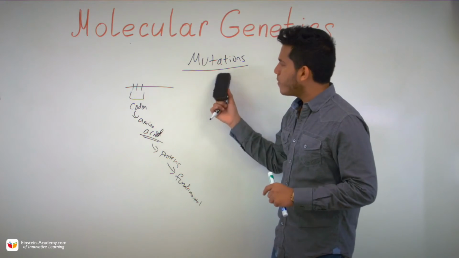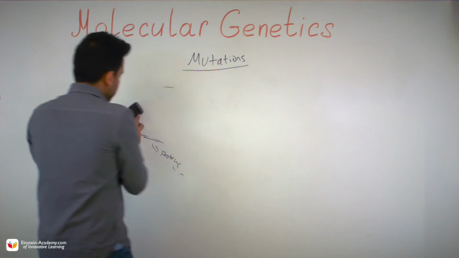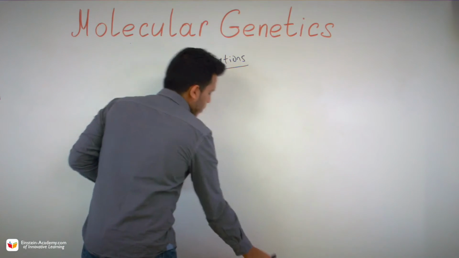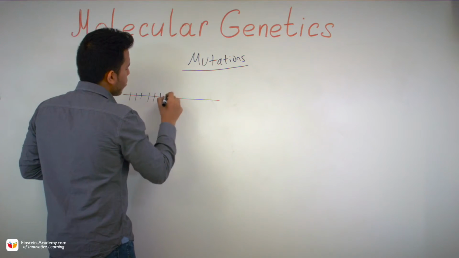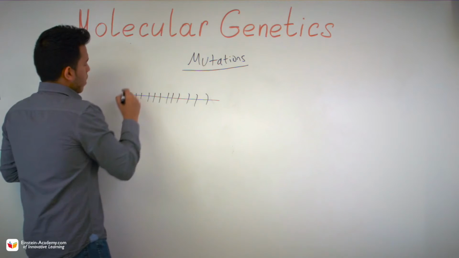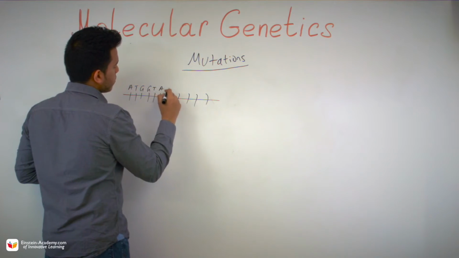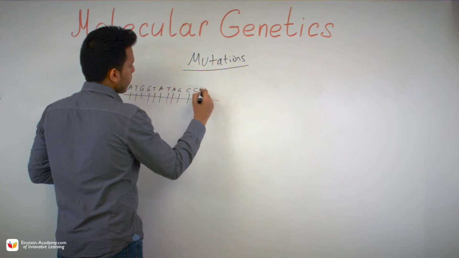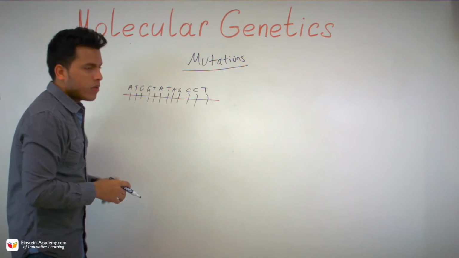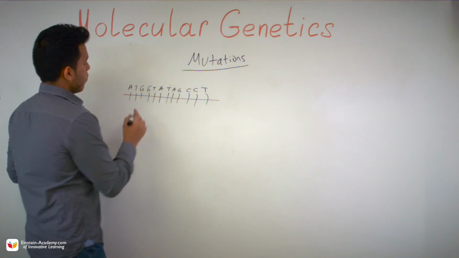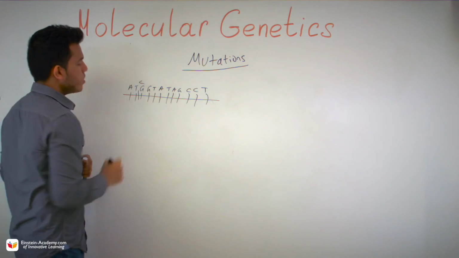But what happens if we have mutations? Let's look at a DNA strand. It doesn't matter, we don't have to even talk about mRNA. A, T, G, G, T, A. If I have an insertion, if I accidentally add another base and make it a C, what's going to happen?